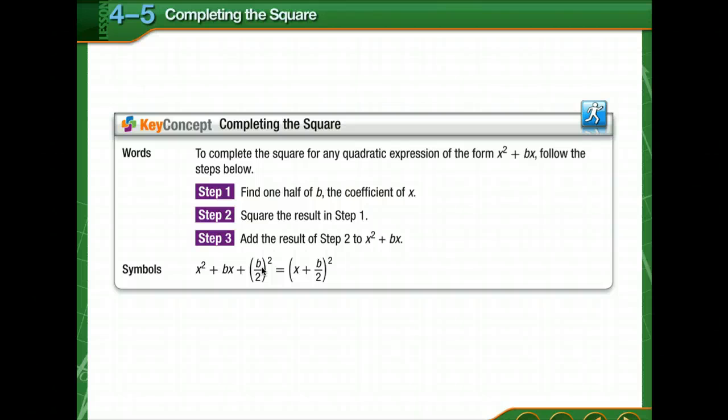Now for our second objective, completing the square. Now all quadratic equations can be solved using the square root property by manipulating the equation until one side is a perfect square. Now this method is called completing the square. So we'll look to see what these steps mean.